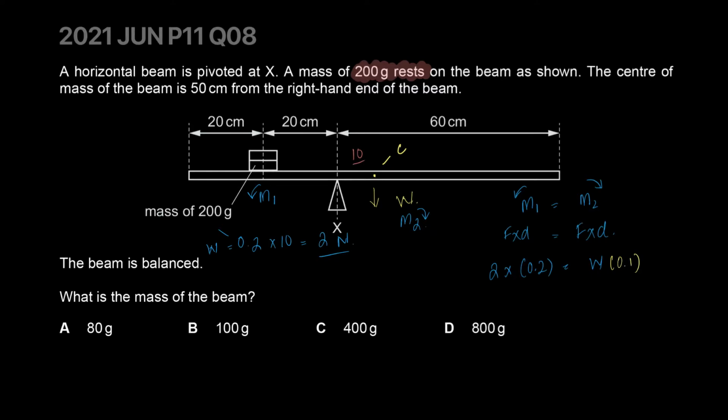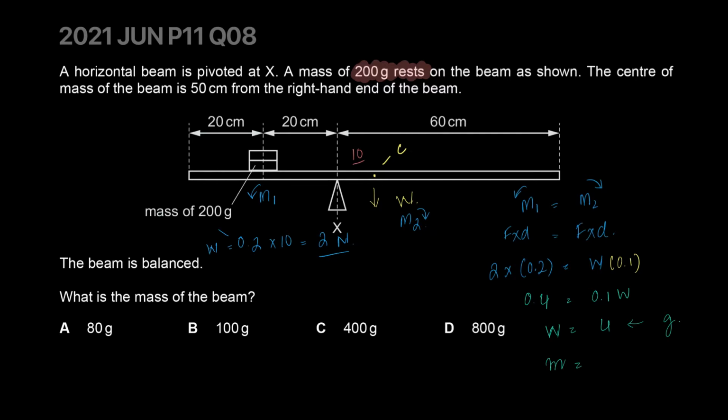So 2 times 0.2 is 0.4, which equals 0.1 times W. W equals 4. And that's just mg, so I have to divide this by g now to convert it.